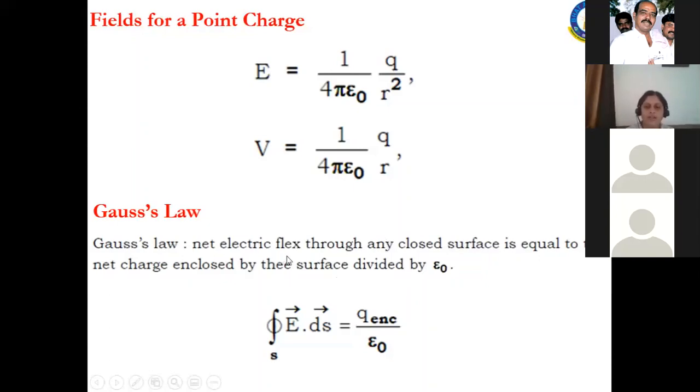That is phi is equal to the closed surface integral of E dot ds, which is equal to Q enclosed, the net charge enclosed, divided by epsilon naught.